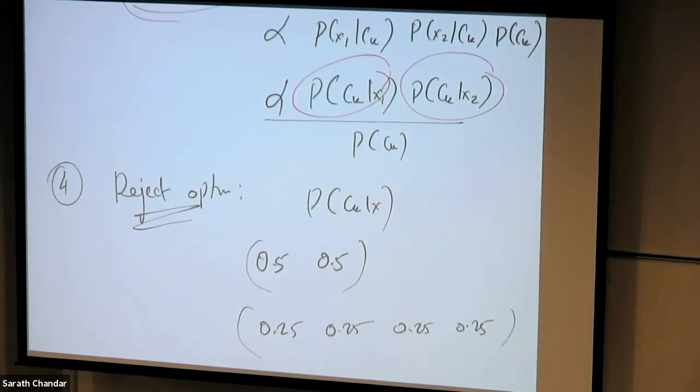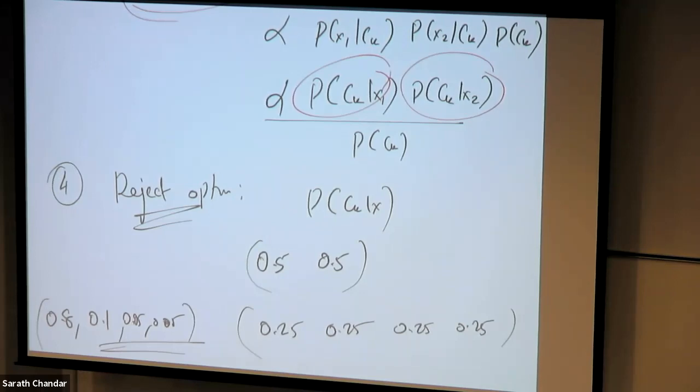On the other hand, if I have something like 0.8, 0.1, 0.05, 0.05, then I can say that my classifier is very confident that the class should be class 1, right? So you can use posterior probabilities to decide whether to even make the classification or not.